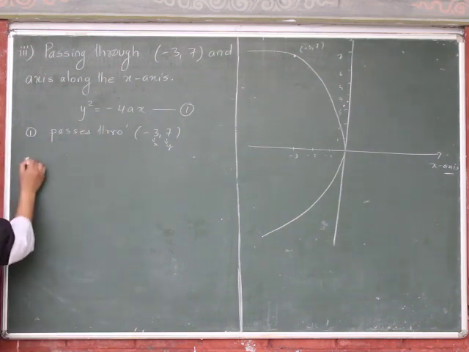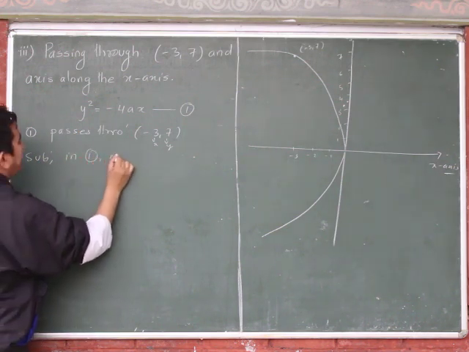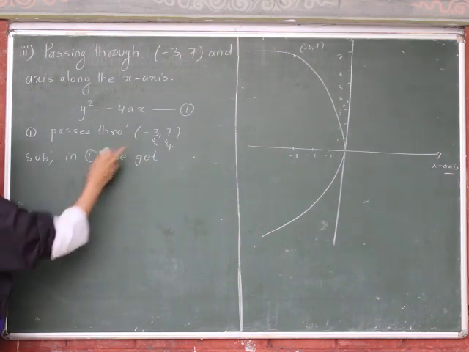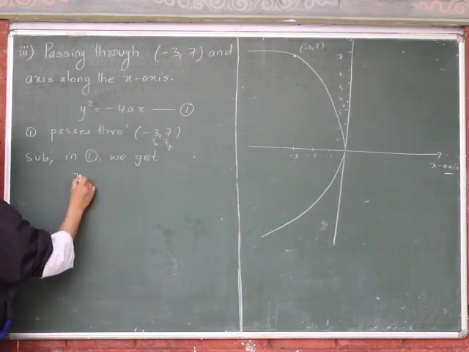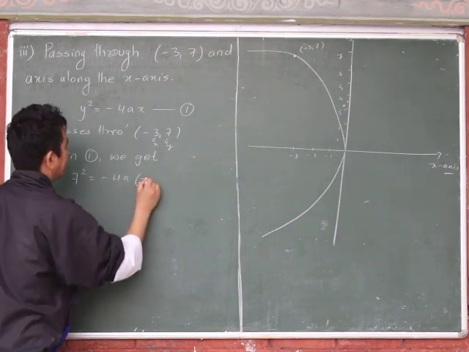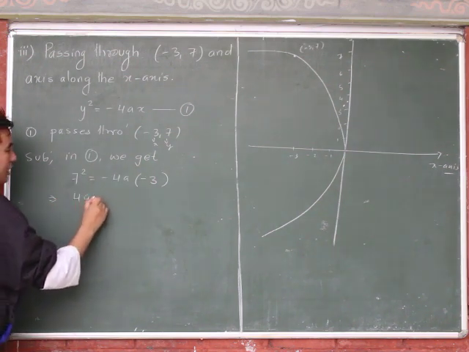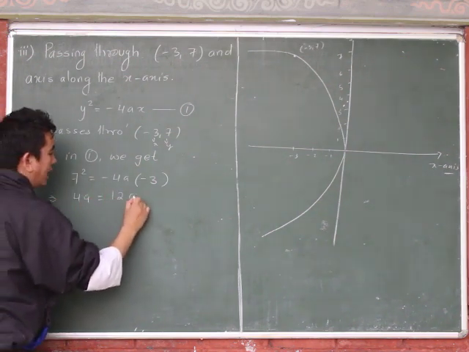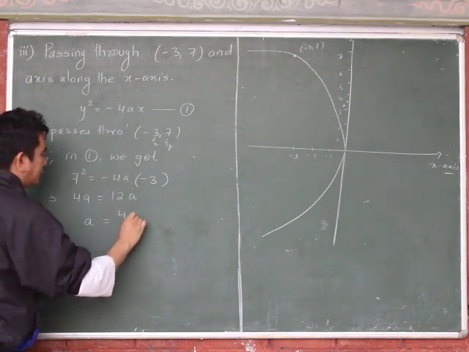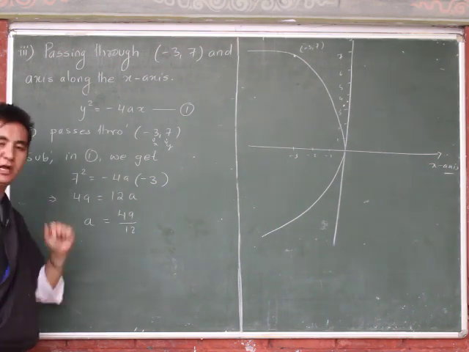Substituting in equation 1, we get y value 7, so 7 square is equal to negative 4a times x value negative 3, which implies 49 is equal to 12a. What's the a value? The a value is 49 by 12. Any cancellation? No. We have a value 49 by 12.